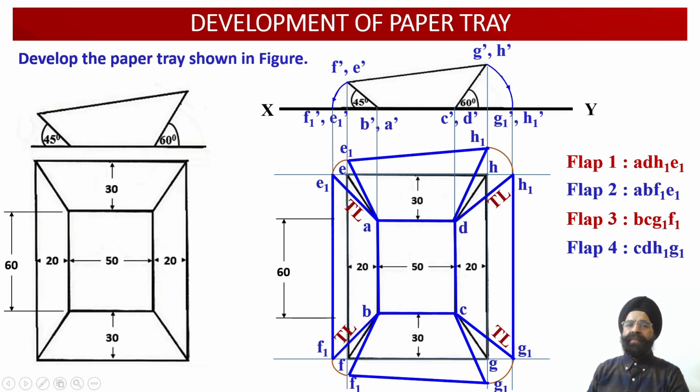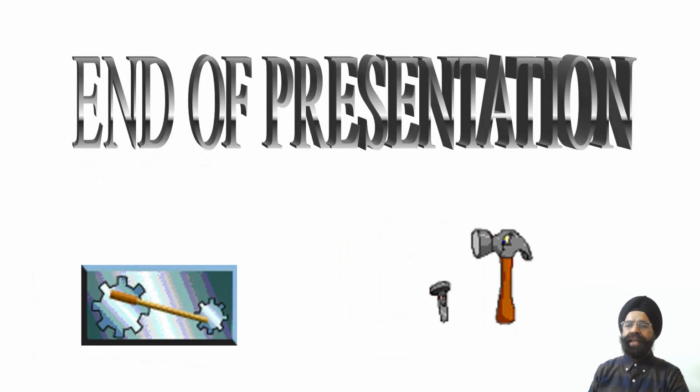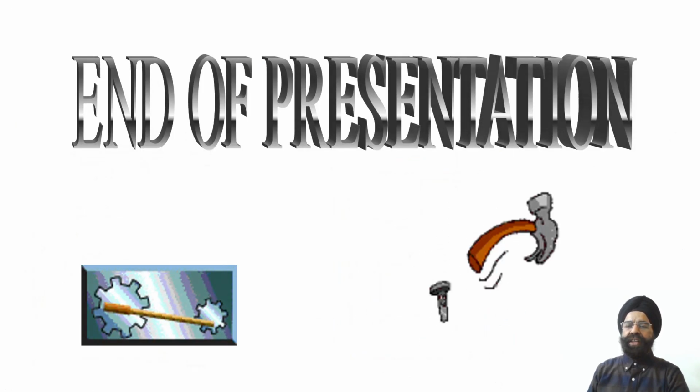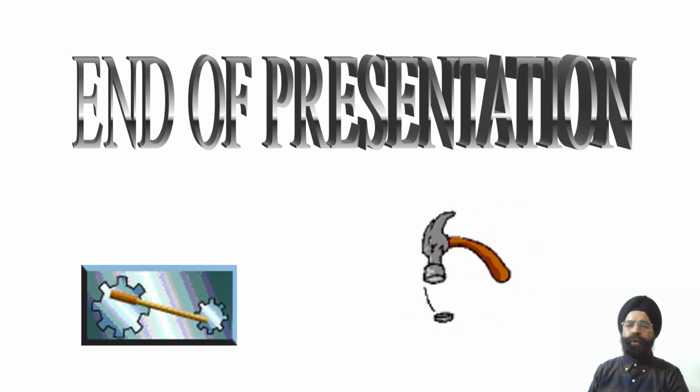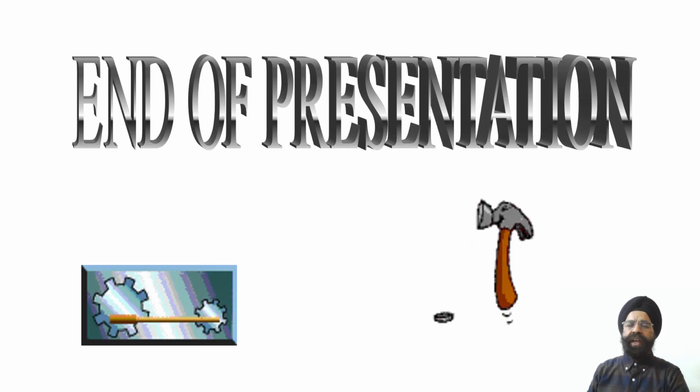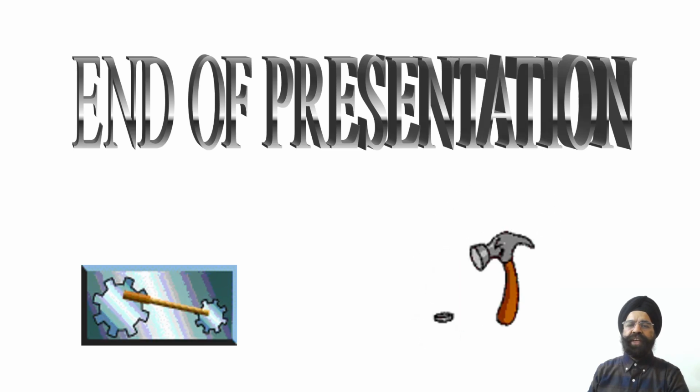So this way we have been able to obtain the development of all the lateral surfaces of the paper tray as it has been discussed over here. This is all for today. So we are going to continue with further discussion regarding few more illustrative cases of development of the surfaces of the solids in the coming lectures.